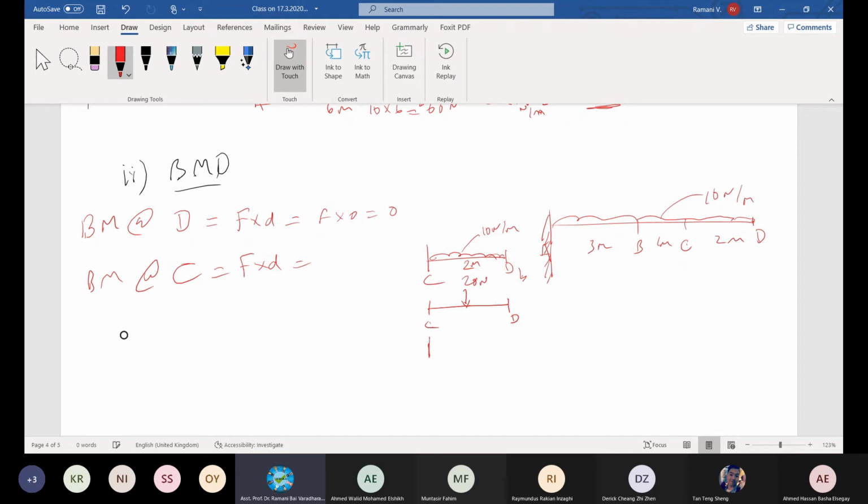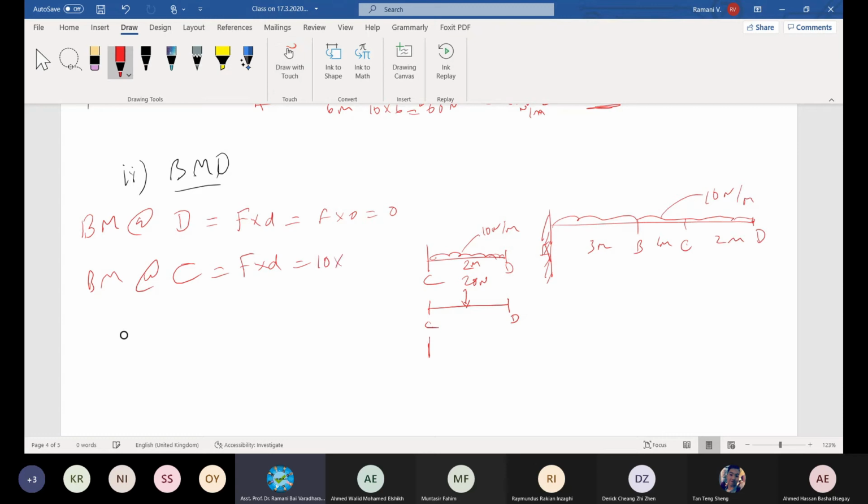Now, we can conveniently write the value as force into distance. From D, there is nothing until the midpoint, but there is something at the middle, which is 20.